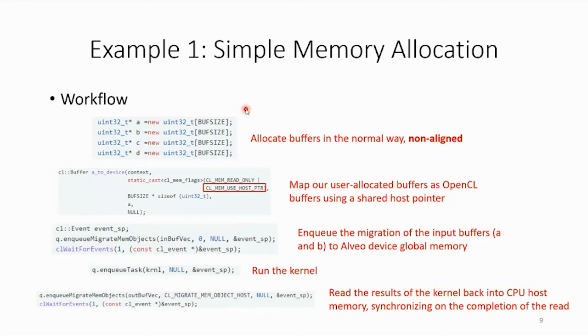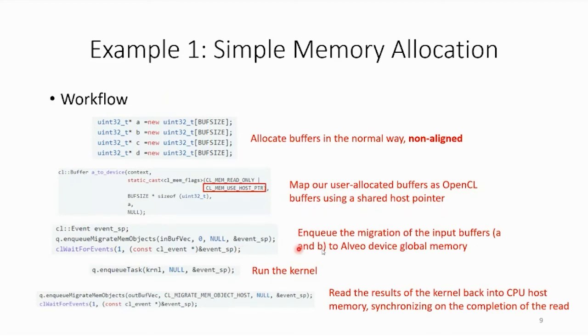So this is the workflow in example 1. Here we can see it's just a simple allocate buffer in the normal way, and most importantly it is non-aligned. Then we can map our user-allocated buffer as an OpenCL buffer and use this flag, and it will be a host pointer.